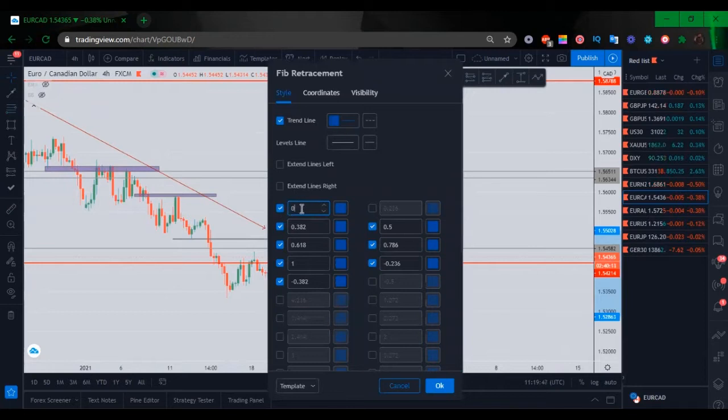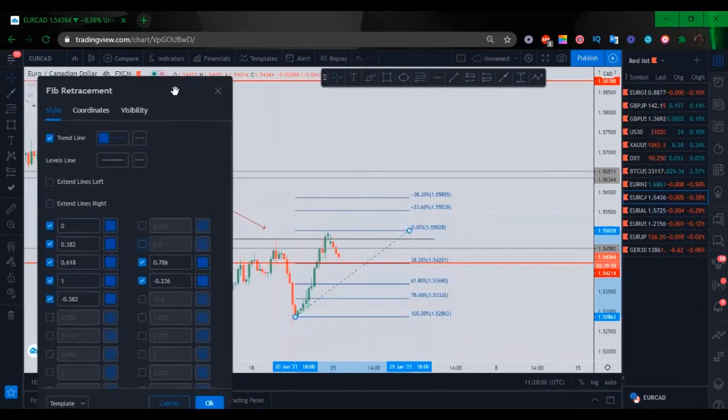And also you can easily add your levels. So I removed this 0.23 here because it's actually not necessary for me. I don't pick levels there. Sometimes I want to take out my 50 level totally because I don't really take my retracements off 50 anymore.